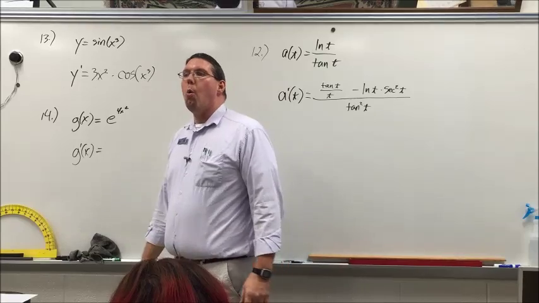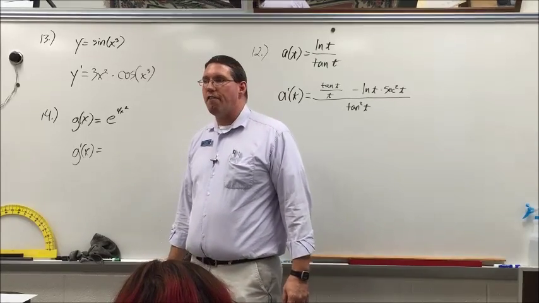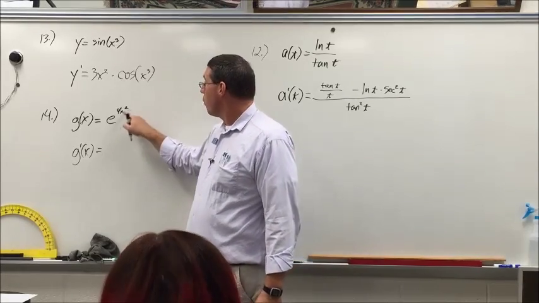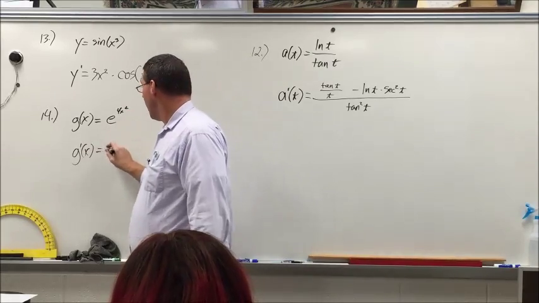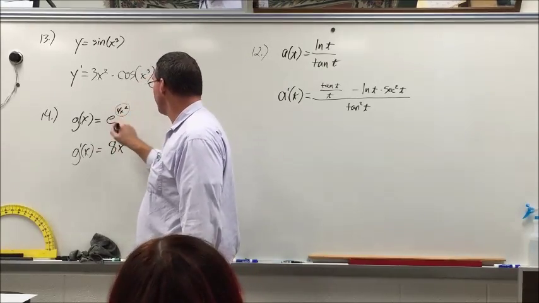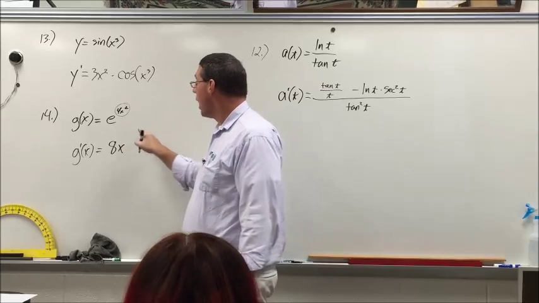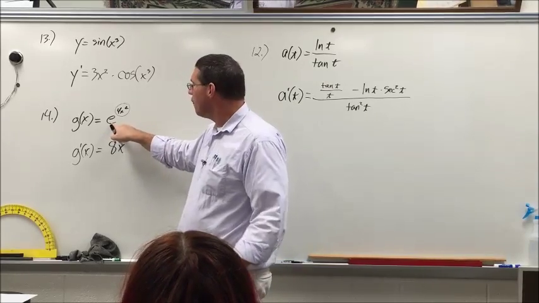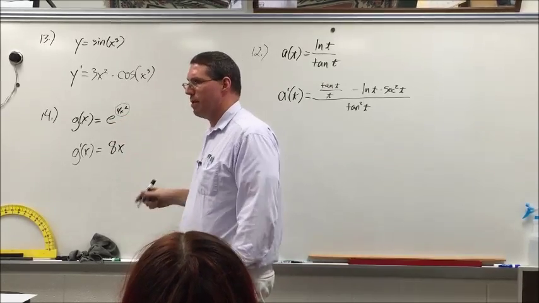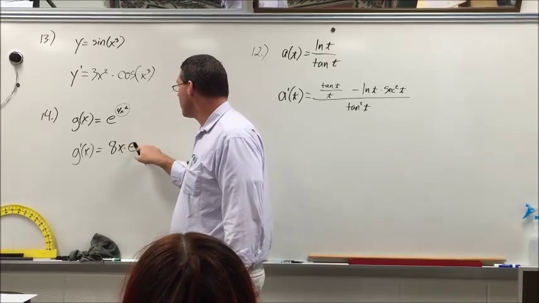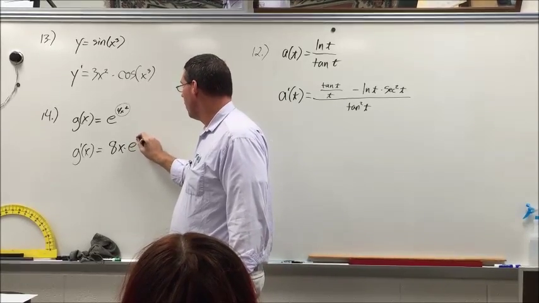Now, what is the inside function? 4x squared, so the derivative is 8x. So the derivative of the inside is 8x times the derivative of the outside. If this was e to the x, what would its derivative be? E to the x, right? But instead of e to the x, it's e to the 4x squared.